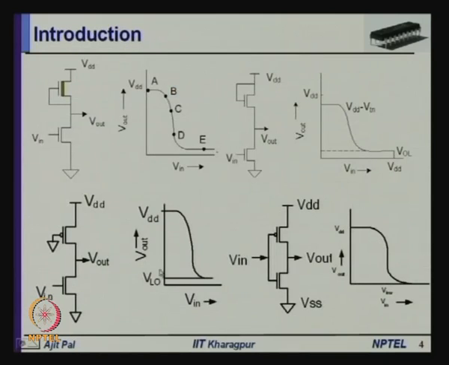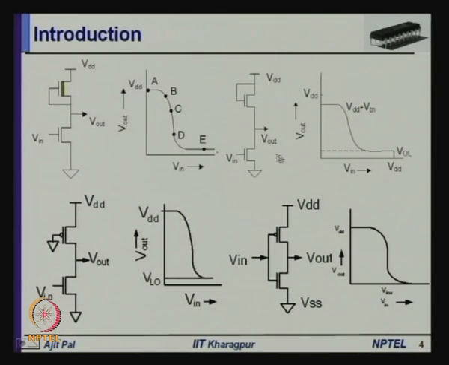The reason for that is very clear from these diagrams. This is the case for depletion mode transistor as pull up, this is the case for enhancement mode NMOS transistor as pull up, this is the case where PMOS transistor is used as pull up, and this is finally the CMOS using PMOS transistor as pull up.